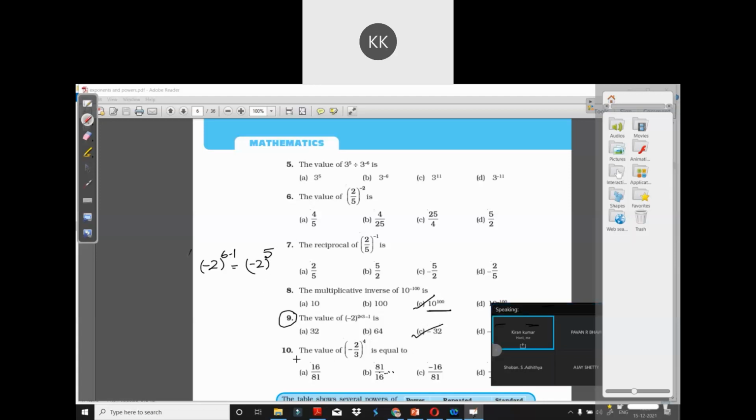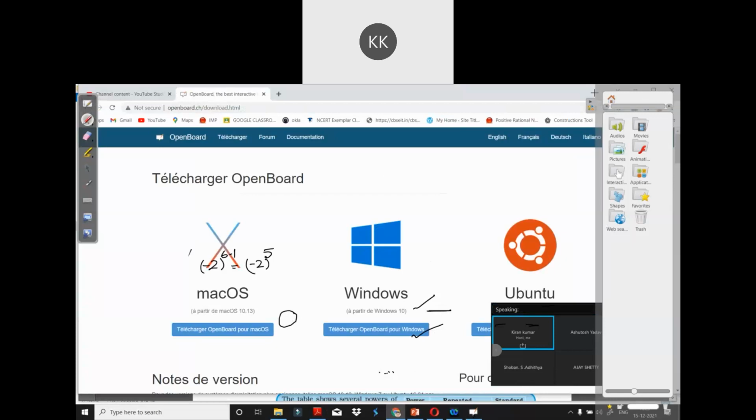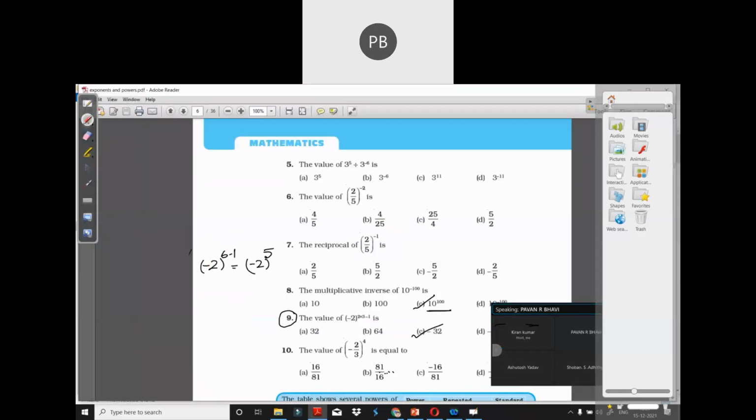Question number 10. What is the D option of the ninth question? The D option is hidden here. I have to see from here. We got the answer, minus 64. There's a doubt now. I have to stop sharing, then I should open this.